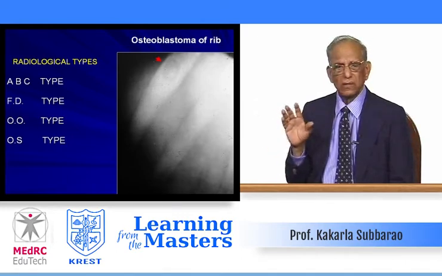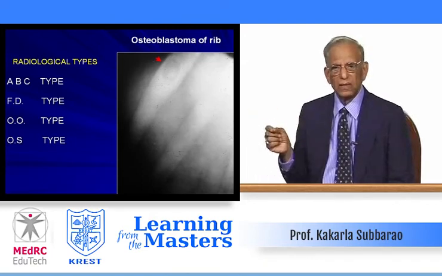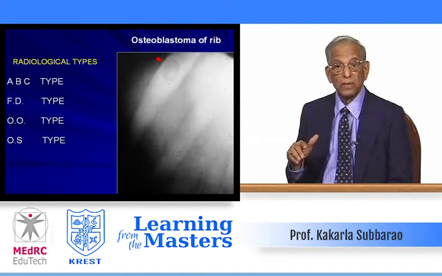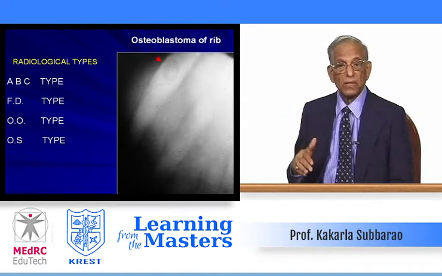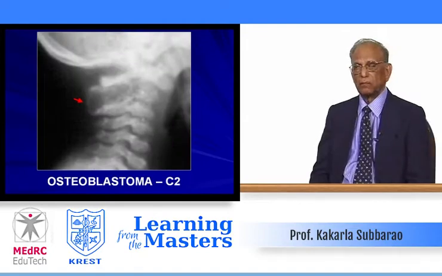And then osteoma type, it may simulate, unless you measure the nidus, you may think it is only osteoid osteoma. And osteosarcoma type is aggressive, what is called malignant osteoblastoma, aggressive with periosteal new bone, soft tissue swelling, break in the cortex.